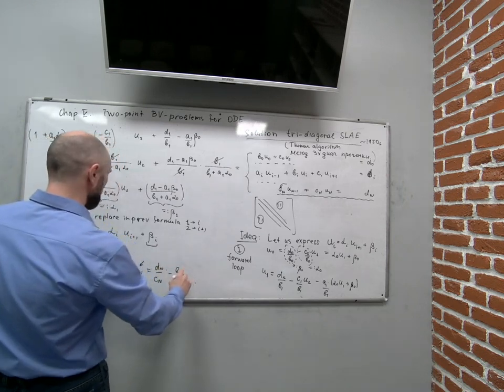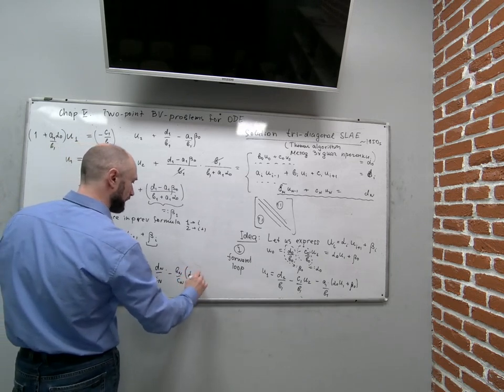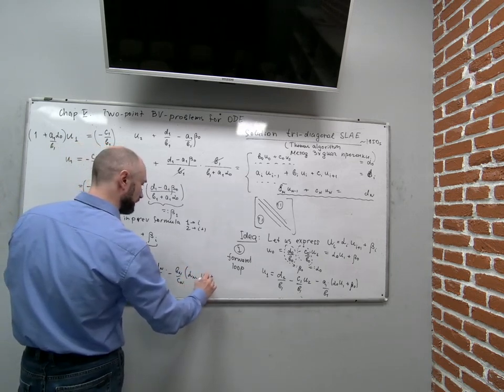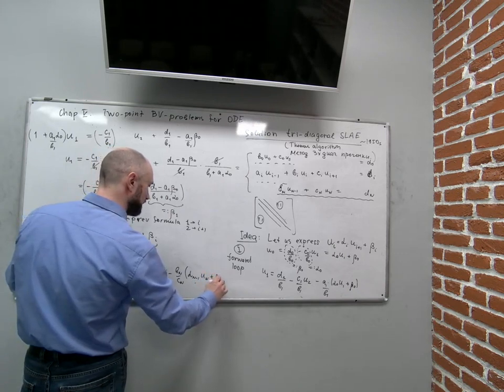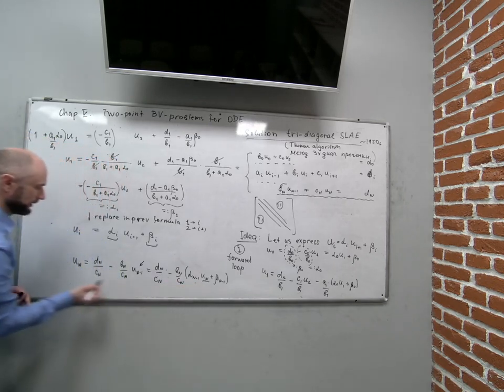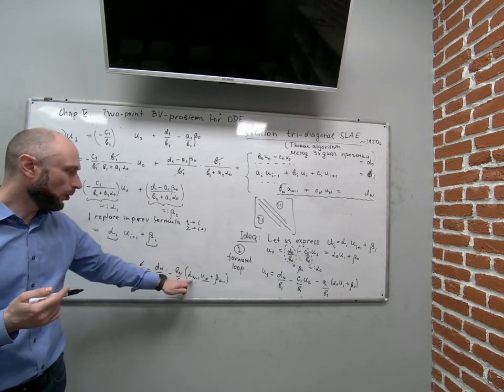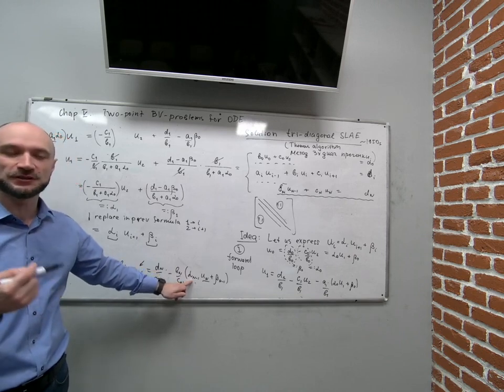And here I put alpha n minus 1 un plus beta n minus 1. And after that I express un from this equation. All other terms in this equation are already known, right? These are just coefficients of the original system or something that is expressed through these coefficients.